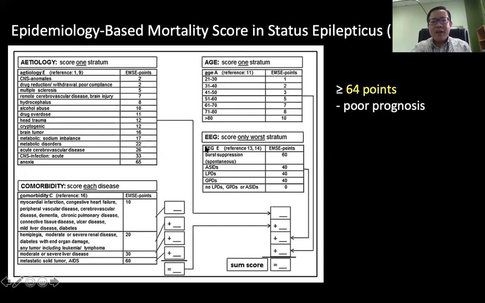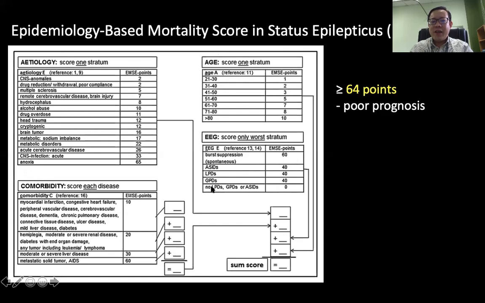Let me clarify a little bit on EEG. If you look at this, burst suppression scores 60 points. ASID, which is continuous interictal discharges, or after status interictal discharges, scores 40 points. And then periodic discharges, either lateralized or generalized.